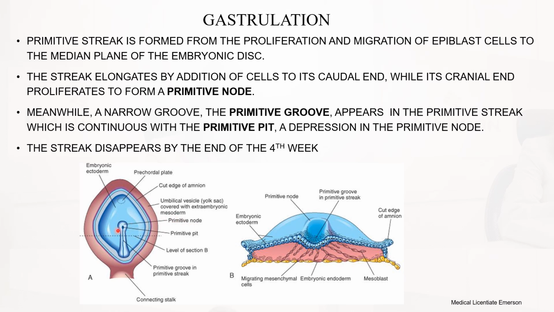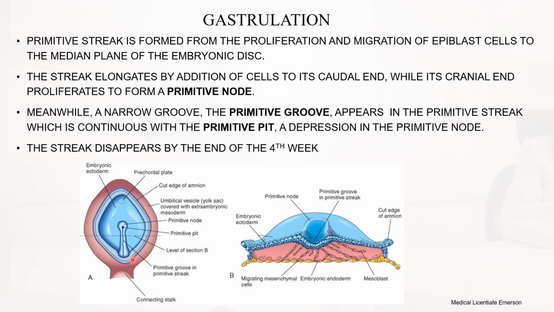Then meanwhile, a narrow groove, which is the primitive groove, appears on the primitive streak, which is continuous with the primitive pit, which is the depression in the primitive node. So meaning there was a depression in the primitive node, and it is the one the narrow groove has become continuous with. Okay, the primitive groove in the primitive streak.